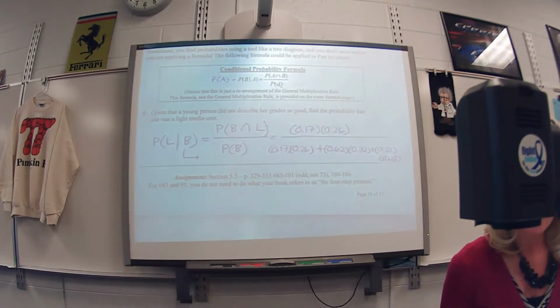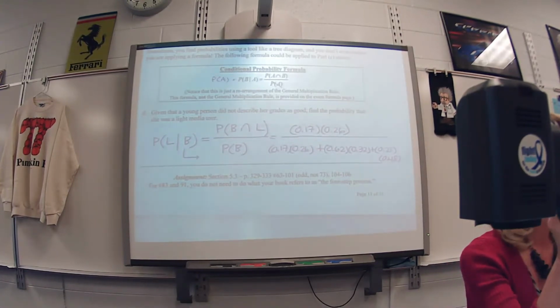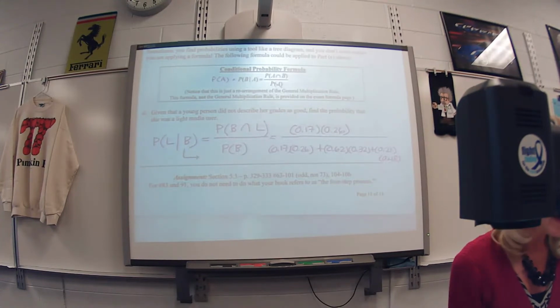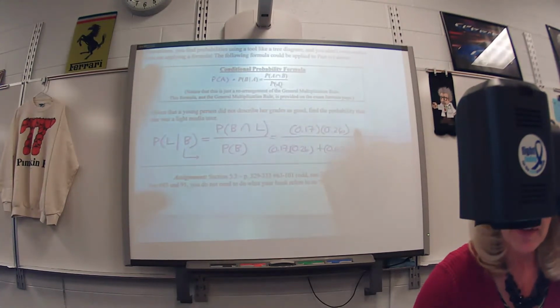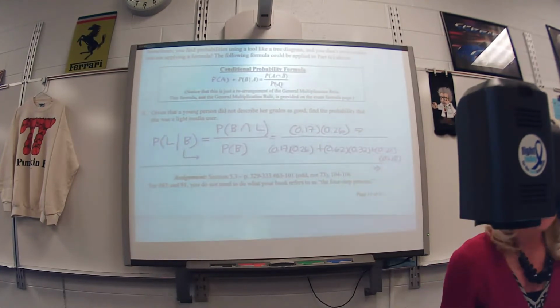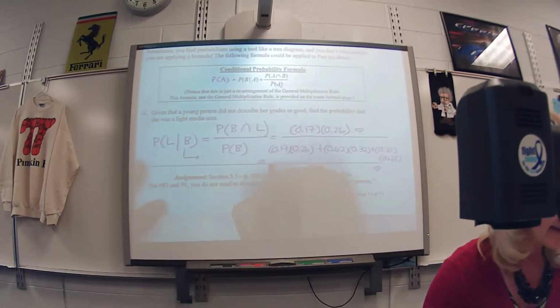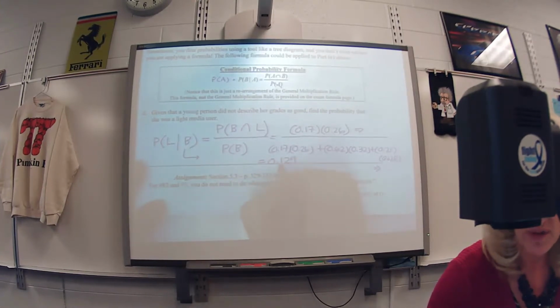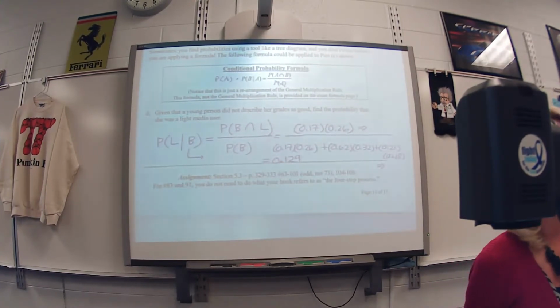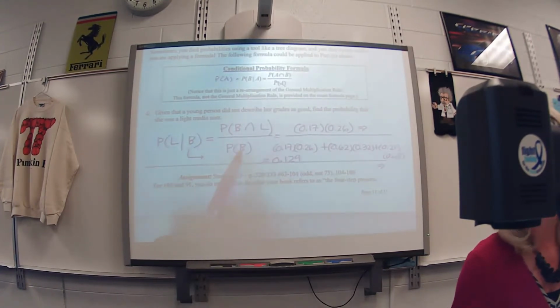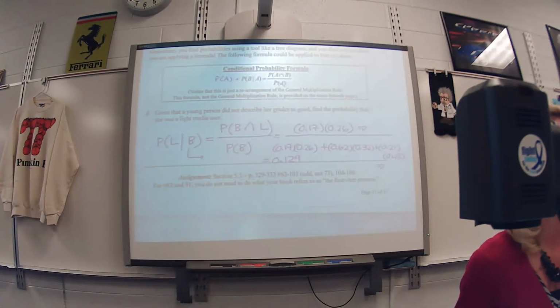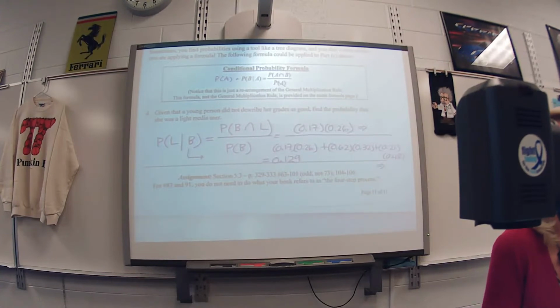Easiest way to do this in a calculator, honestly, is to do the denominator and the numerator separately and then divide it out. Okay, so if it were me, I would get this answer, I would get this answer, and then I would divide it out. The bottom line is the answer is 0.129. So if I randomly pick one person from this group, if I pick only from the bad grade people, there's about a 13% chance that they were a light media user.